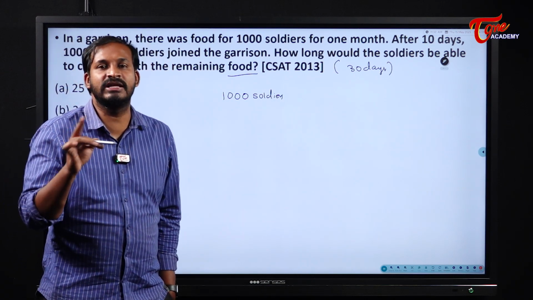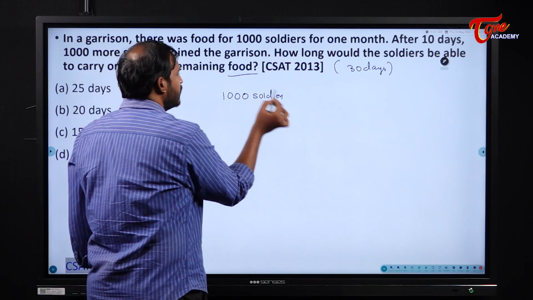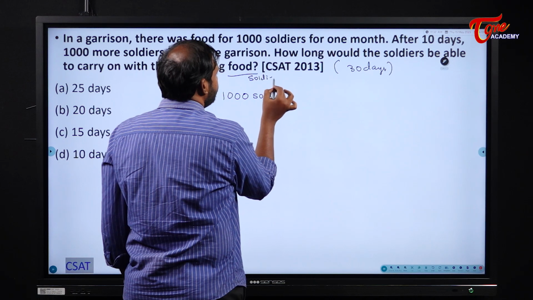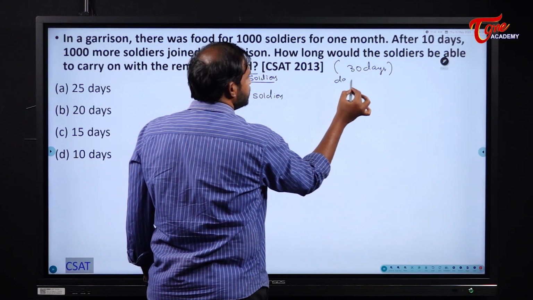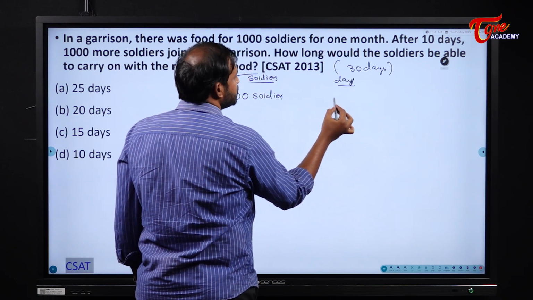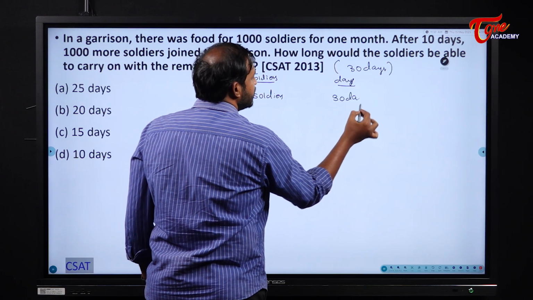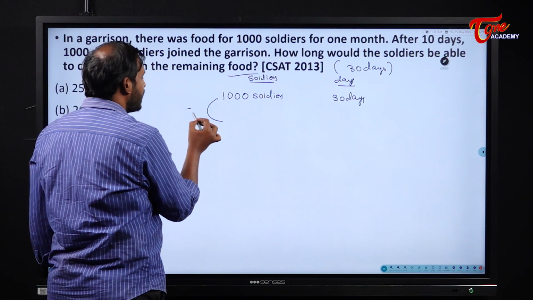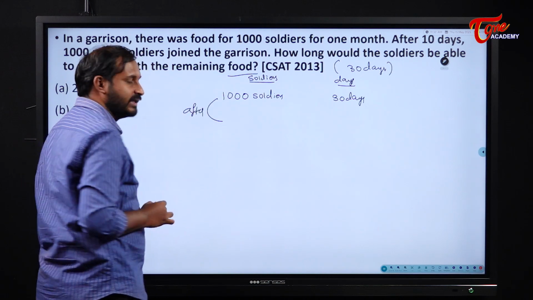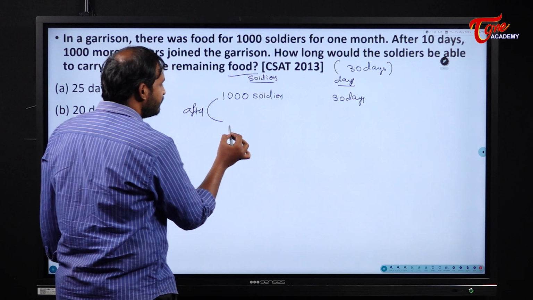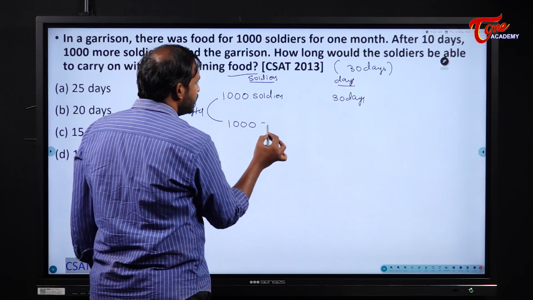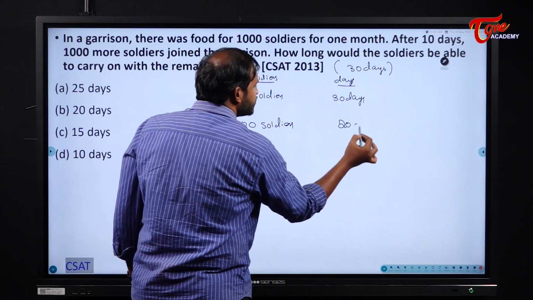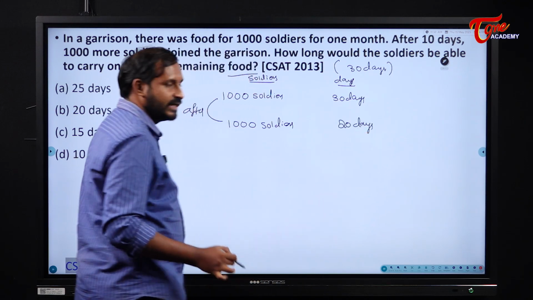Why? Because these two are inversely related: soldiers and days the food lasts. So for 1000 soldiers, the food will last for how many days? 30 days. After 10 days, if the same 1000 soldiers are there, then the food will last for 20 days.